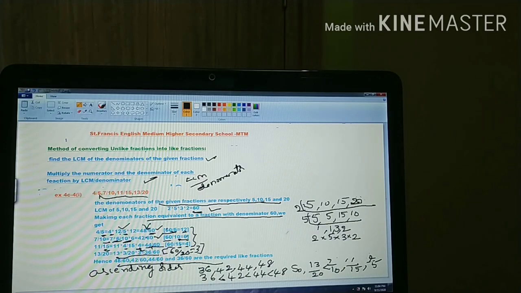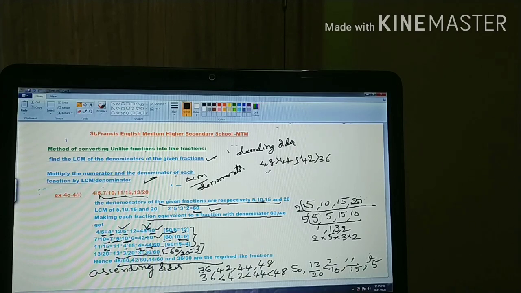If they asked for descending order, simply arrange all these numerators in descending order. 48 is greater than 44, which is greater than 42, and this is greater than 36 respectively.